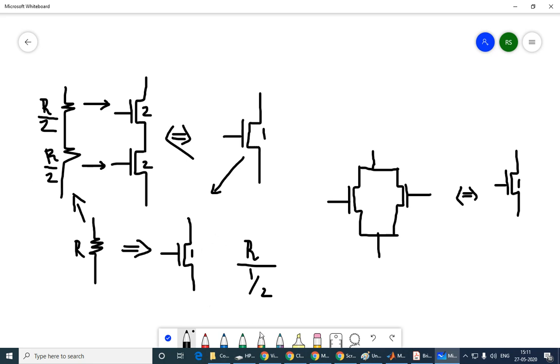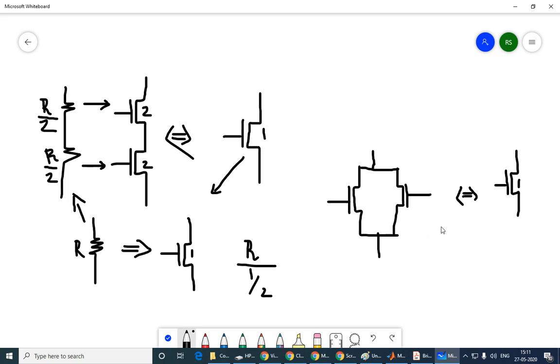So this is my overall equivalent system for two transistors. 2 2, if I put, that is the same as putting one transistor with W by L equal to 1. So these two series transistors and this single transistor are equivalent to each other, because if you look at the resistances, they are the same. Okay, and this is the series case.